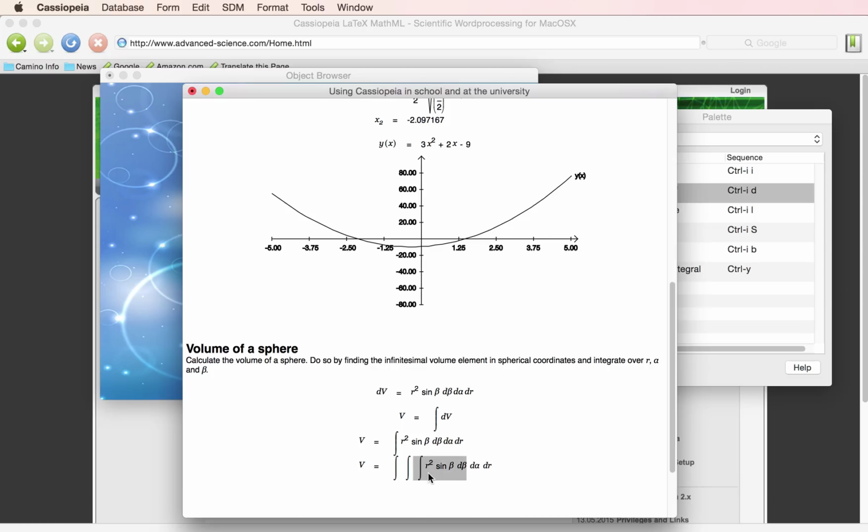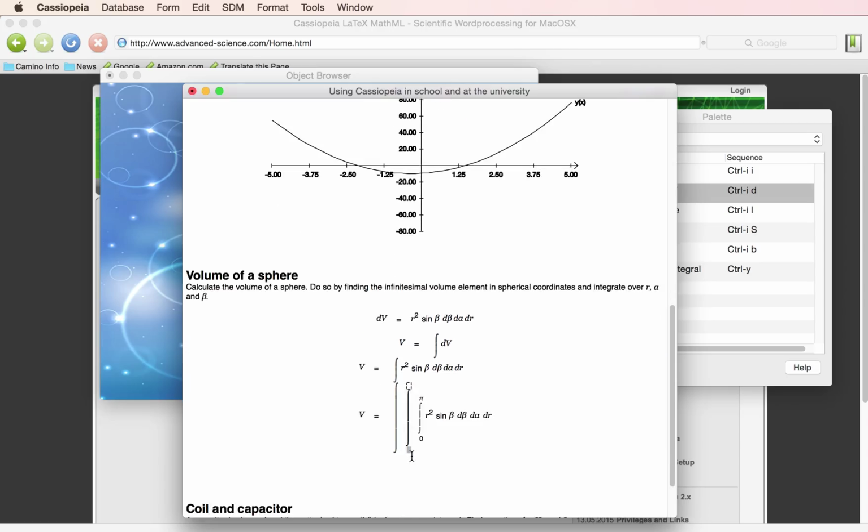And then go to the first integral and upgrade that. Integration limit for beta is pi. Next one, Control Y to upgrade. Integration limit for alpha is 0 to 2 pi.